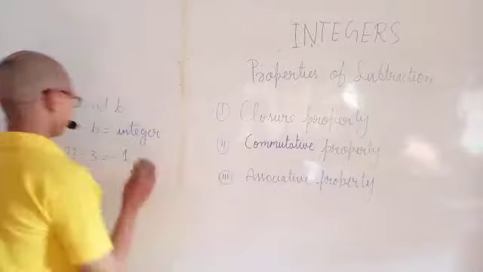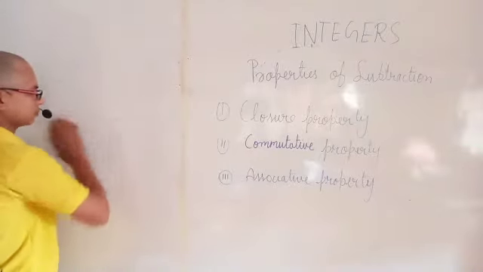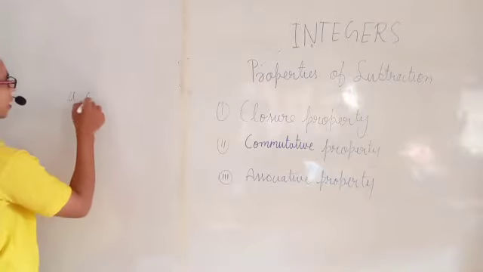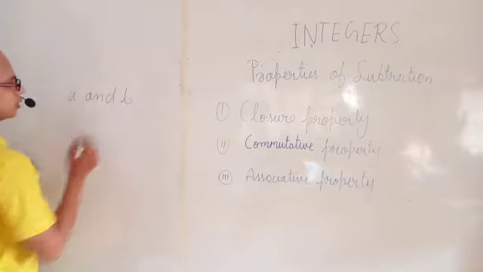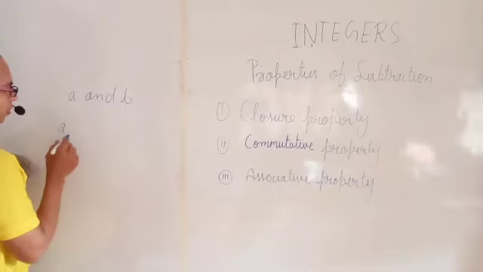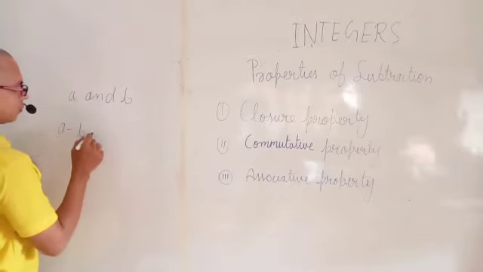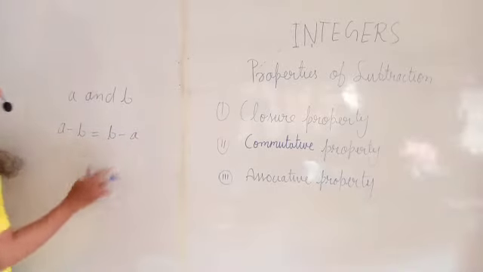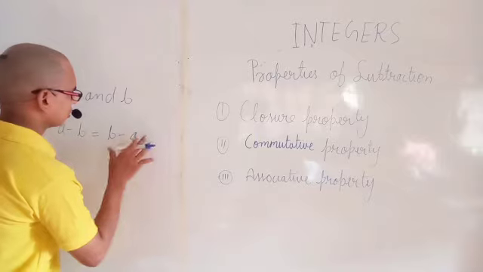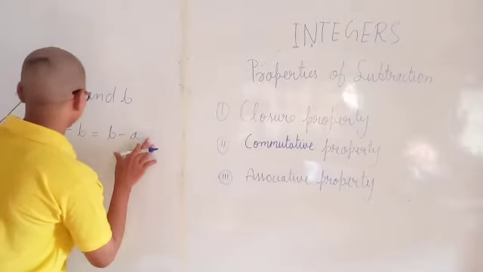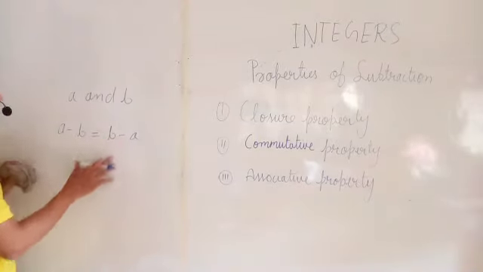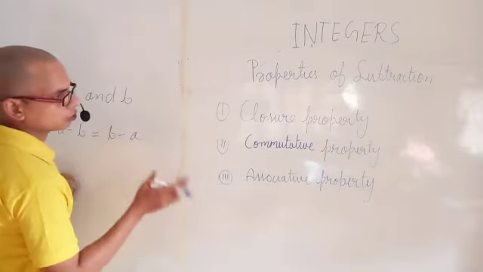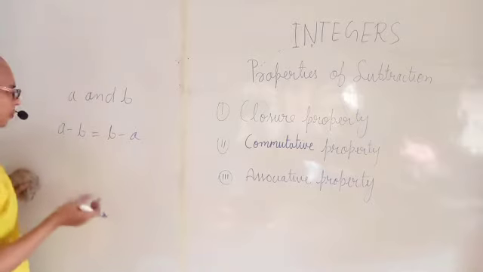So now let's see. If we take a and b as integers, is a minus b equal to b minus a? If this holds, we can say it is commutative. If it does not hold, we can say that subtraction does not follow the commutative property.